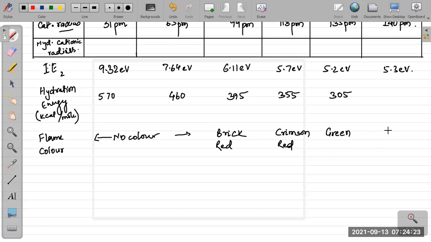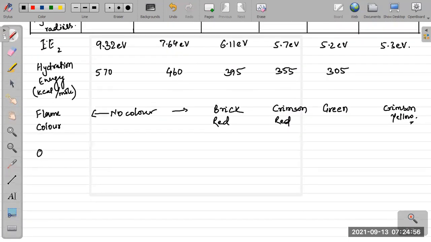Radium is just crimson yellowish color. ठीक है.